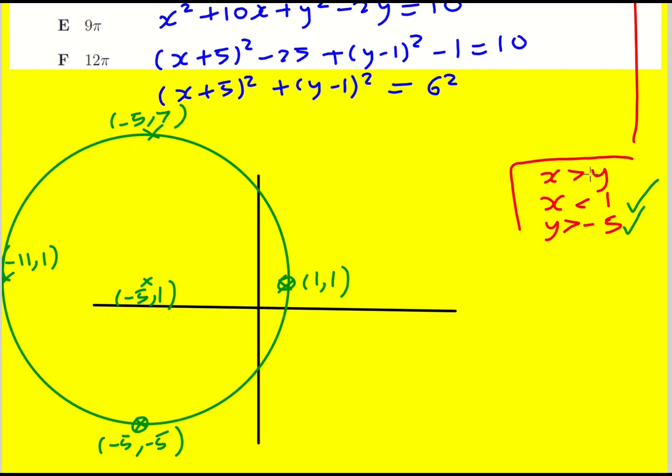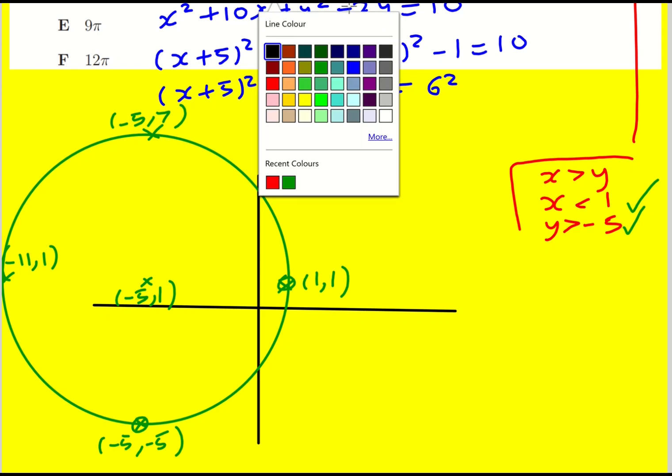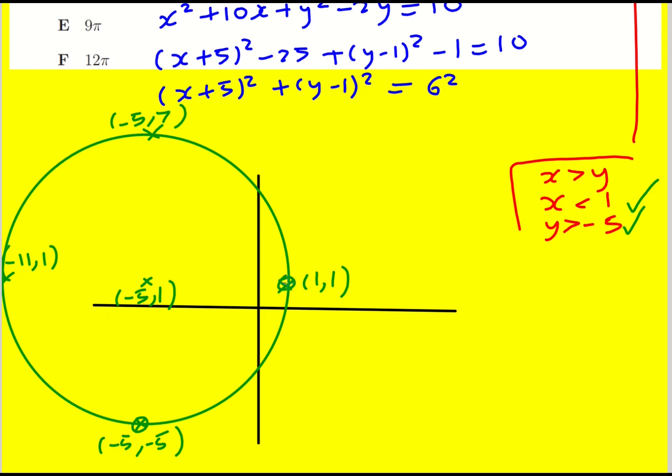Now I just need to think about this x greater than y. So what I could do is draw the line y equals x. It's going to go through that (1, 1), and it's going to go through (minus 5, minus 5).